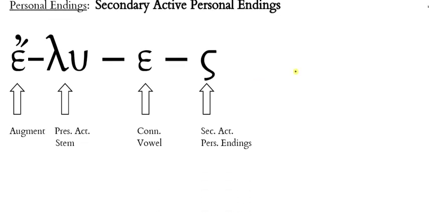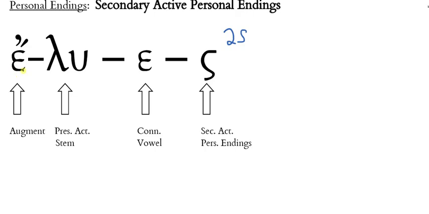So just a little illustration here of a sample form of the imperfect. Here is the augment, epsilon, followed by the tense stem. In this case, it's the present stem. The connecting vowel is an epsilon. And the personal ending here for the second person singular, that is a sigma. And sigmas don't begin with mu or nu, and that's why we're using the epsilon here. Okay? How would I translate this? Lu has to do with loosing.